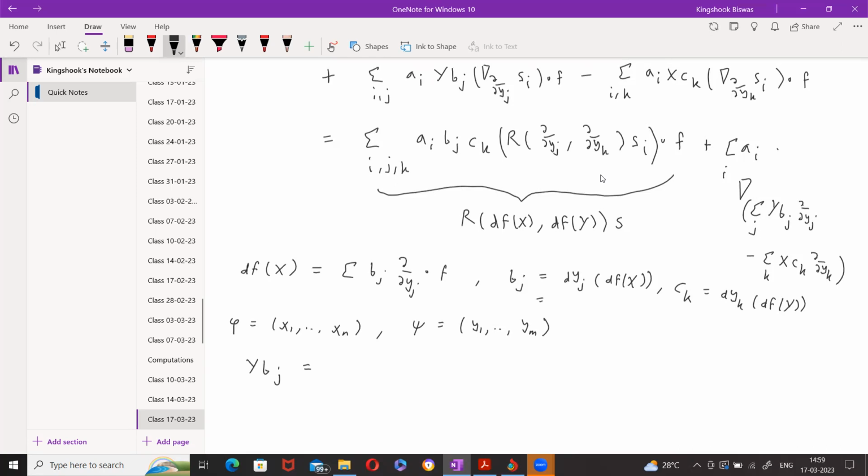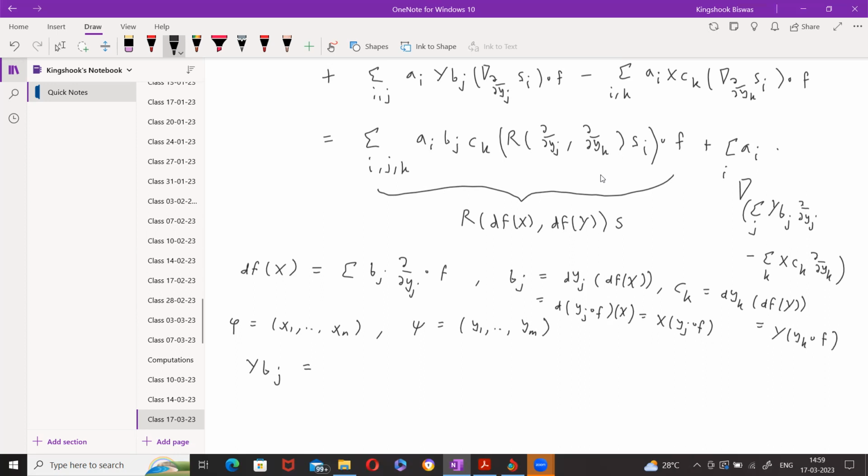So this is y of dyj of dfx, which is x of yj composed with f, right? Yes. And similarly, this ck is y of yk composed with f, right?